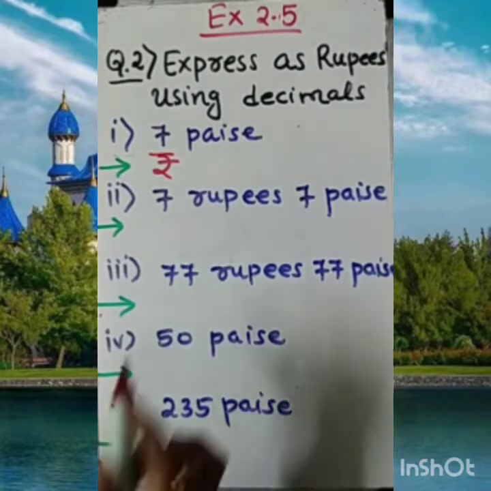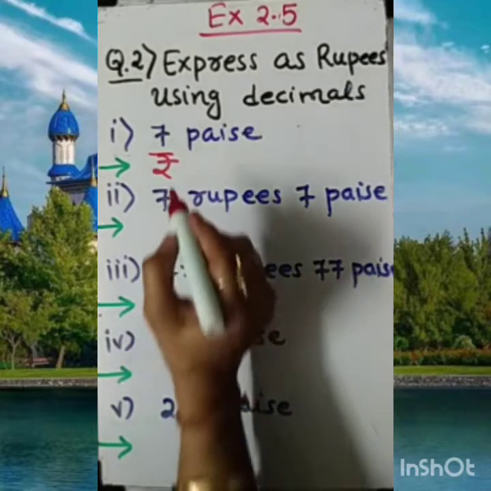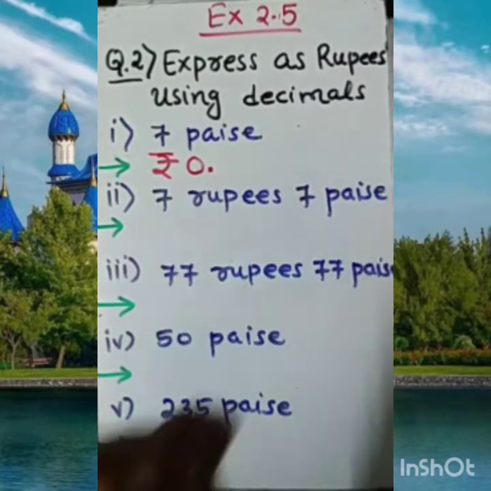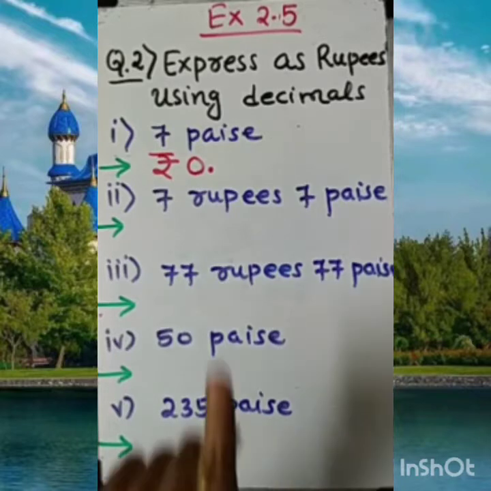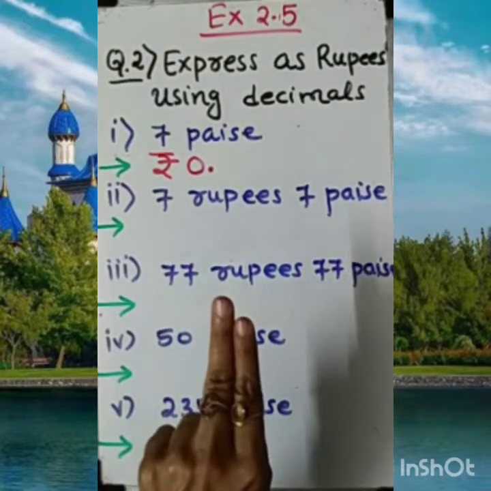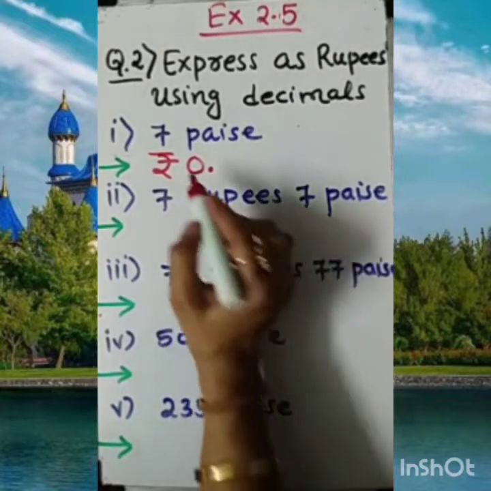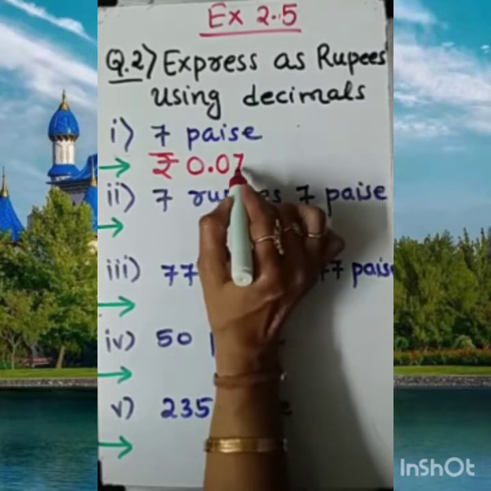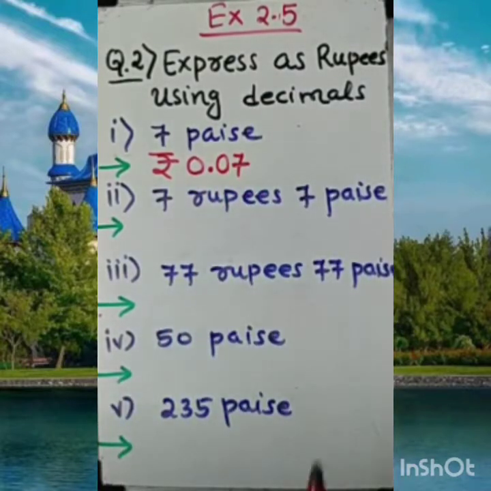Okay, now let's focus on 7 paisa. Dear students, 7 paisa indicates that there are no rupees, so I need to mention 0 rupees. So in place of the integer part 0, and as we know that 1 rupee has 100 paisa, 7 paisa will stand on the 100th place.